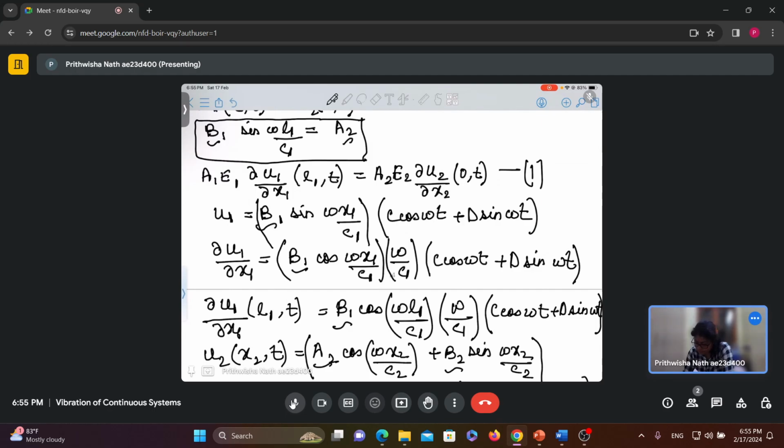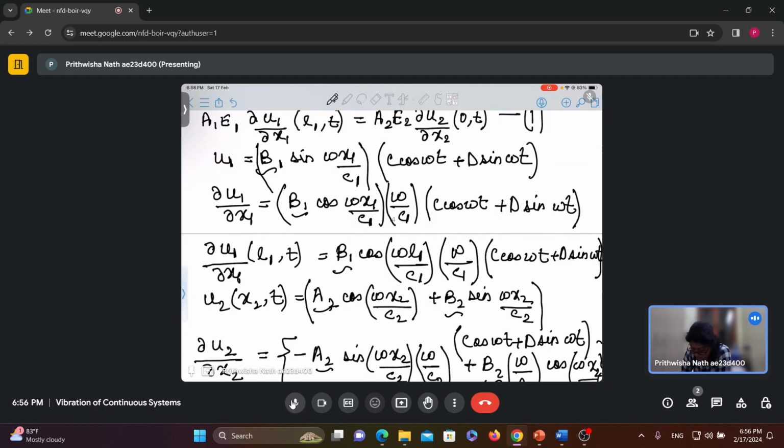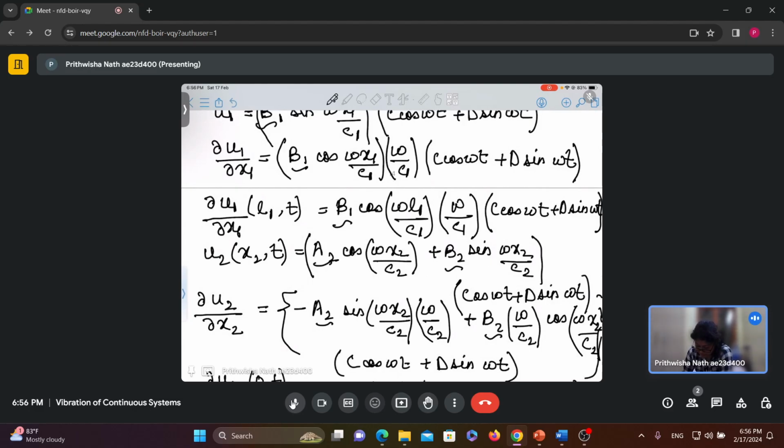If I differentiate, this turns out to be B1 tilde cos omega x1 by c1 into omega by c1, and the second term is a constant term. Now at x1 equals L1, I substitute L1 in place of x1. So this comes out to be B1 tilde cos omega L1 by c1 into omega by c1, then the constant term, since we are differentiating with respect to x1.